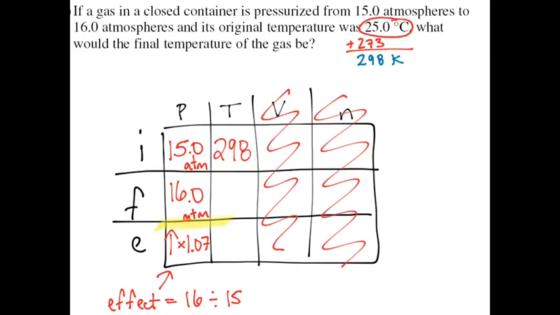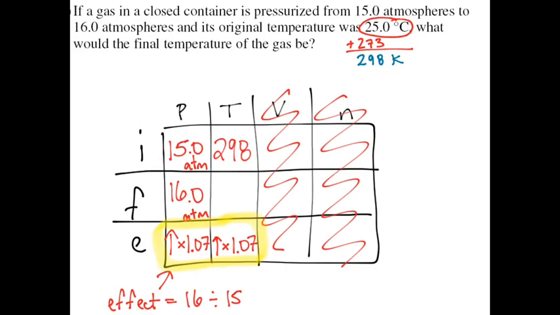All right, so use the effect to find the other effect. If the pressure goes up, the temperature goes which way, Jade? Up. And it goes up by the same factor. So once again, guys, I'm using the effect to cross from one column to another.